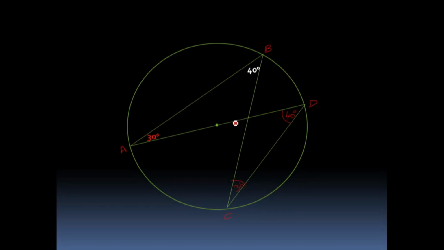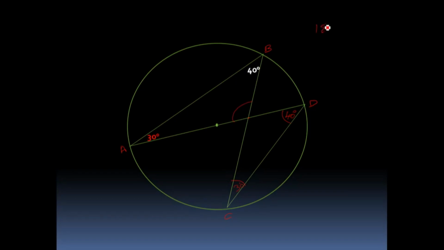Now what is this angle here? Can you figure that out? You can pause the video and then come back and tell me. Okay, so if this is 30 and this is 40, what is this angle? Well, we know that all three angles must sum to 180 degrees.